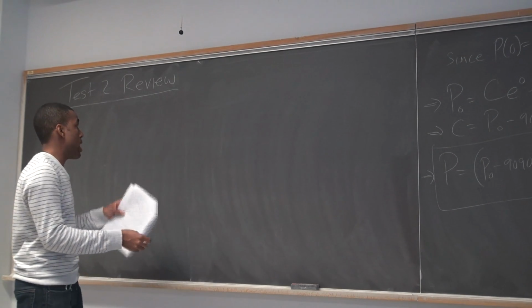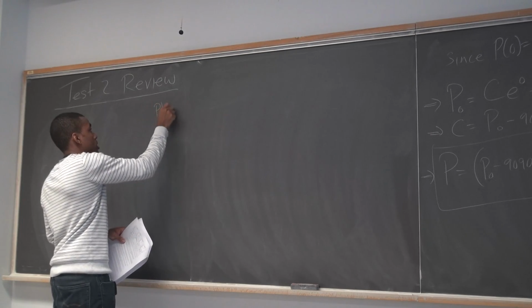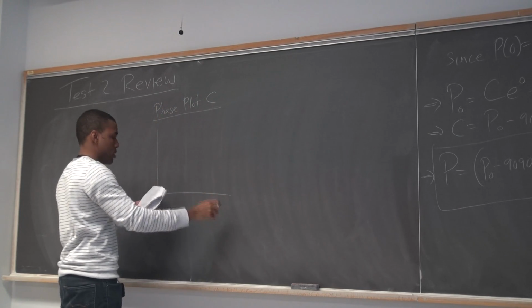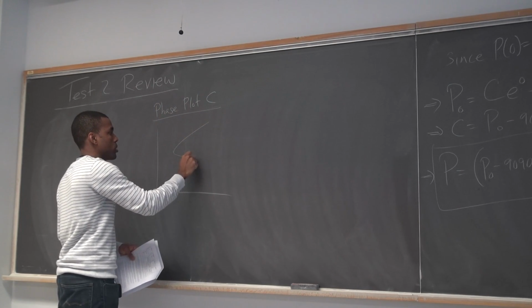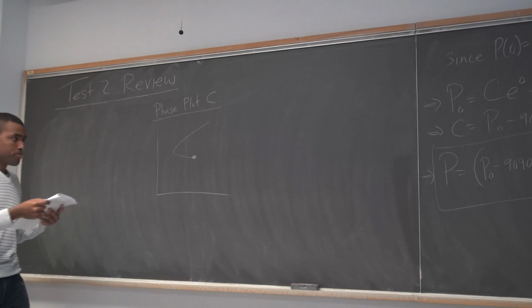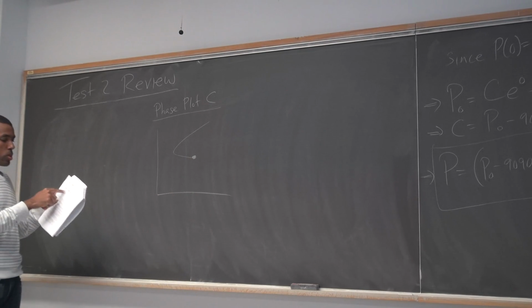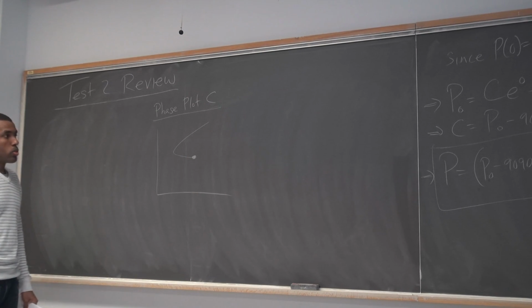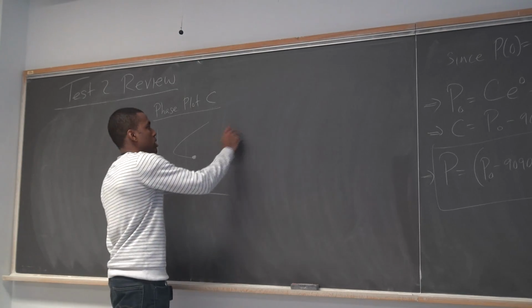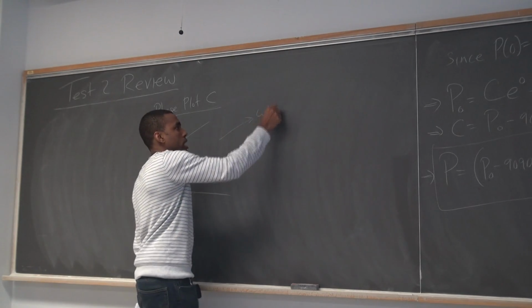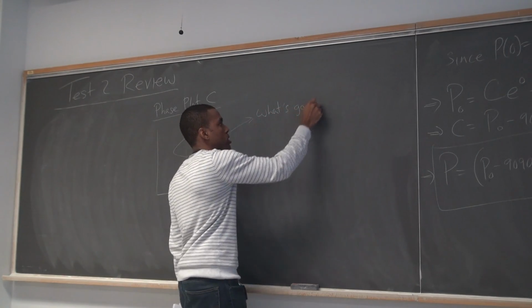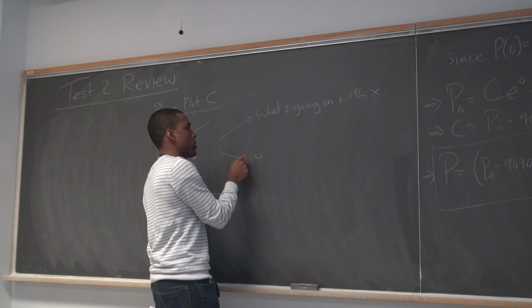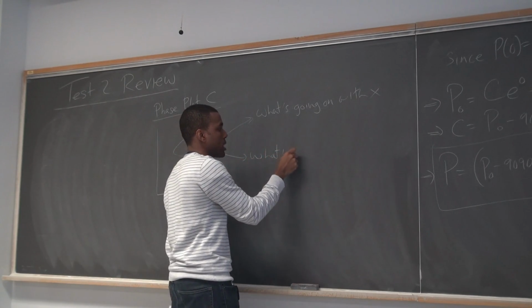For example, if you have plot C, I'm just taking a random example here, and you have to match that with one of the graphs on the bottom. Which one looks like what it's doing? You'd have to figure out from this figure what's going on with x, and then figure out what's going on with y, and you piece them together.